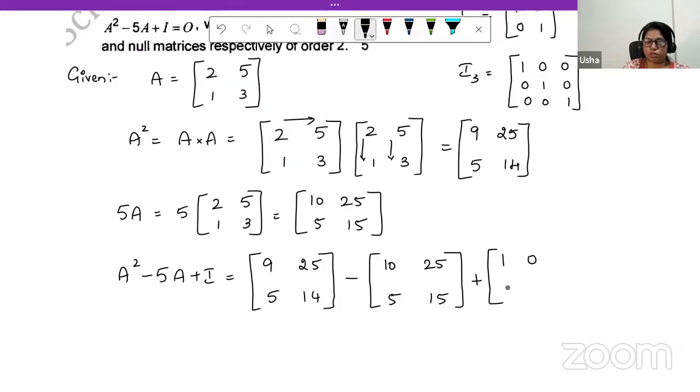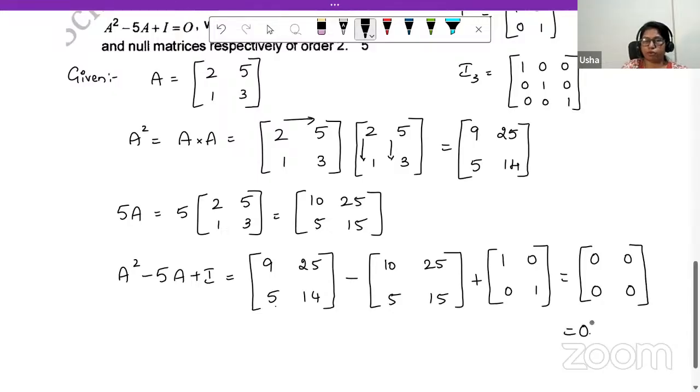It is [[1, 0], [0, 1]]. Corresponding elements you need to add or subtract and write the result. So 9 minus 10 is minus 1, plus 1 is 0. Next, 25 minus 25 is 0, plus 0 is 0. Next, 5 minus 5 is 0, plus 0 is 0. Next, 14 minus 15 is minus 1, plus 1 is 0.